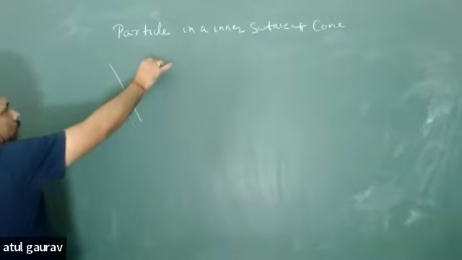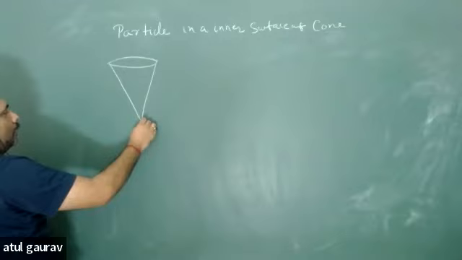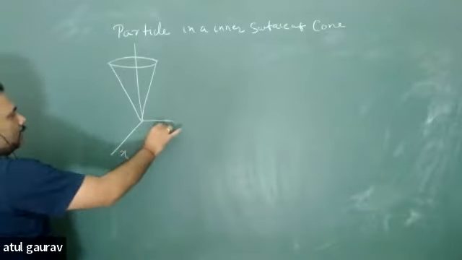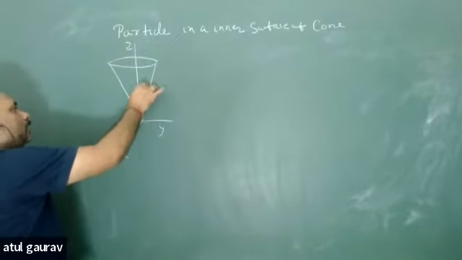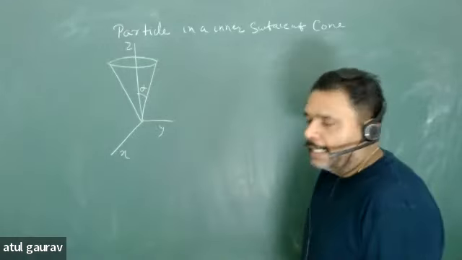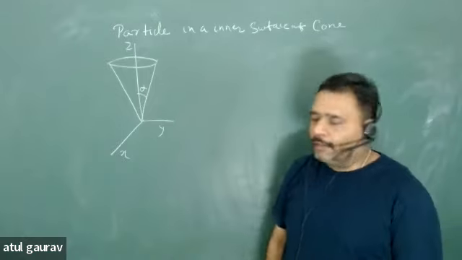This is my cone, and we have to write something like this. This is x, y, and z, and let's say this angle is alpha. What I have to do is write the Lagrangian of the system in a spherical polar coordinate system.